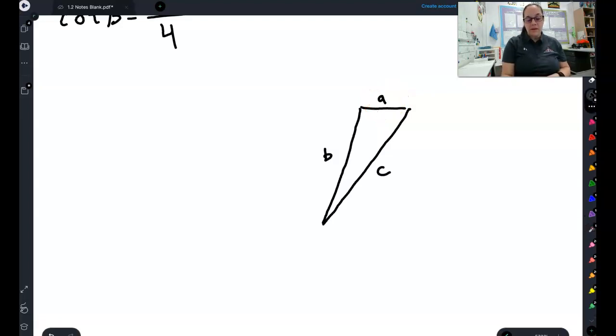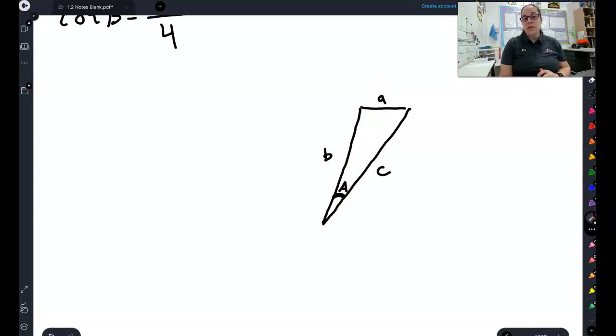Well, that means if I go across from A, the angle across from A will be the smallest angle. See that relationship there? The smallest angle will be across from the smallest side. And that's why we pair them lowercase a, capital A.